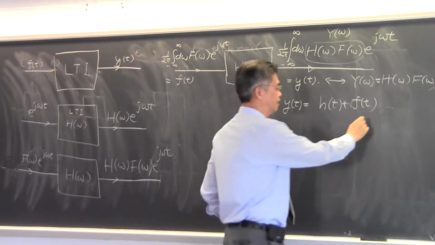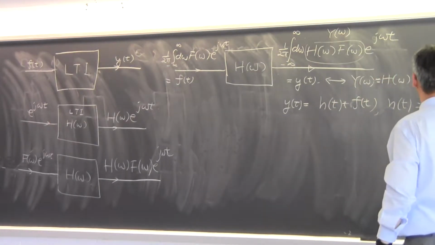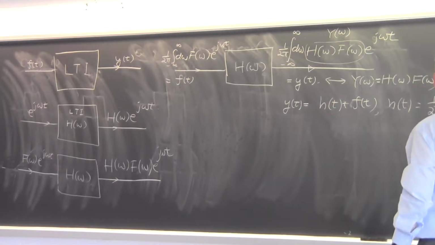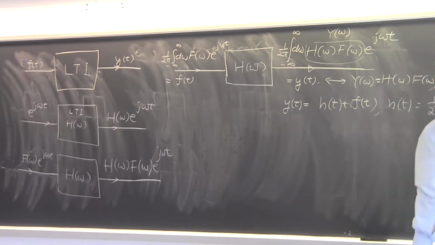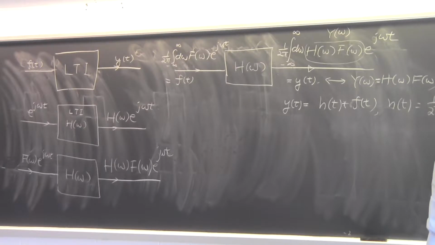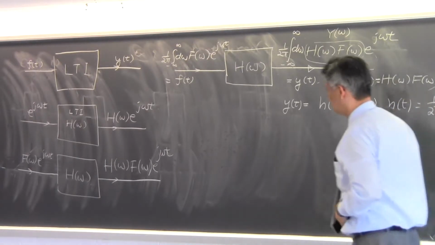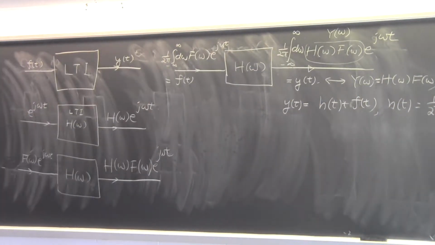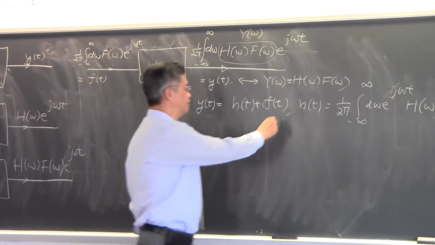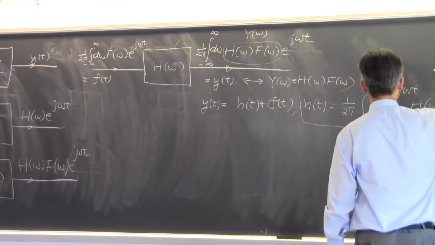H of t in this case is the Fourier inverse transform of this function over here. So you now see the deeper meaning of convolution. Convolution says that if the frequency response of the transfer function is H of omega, it has a corresponding time domain signal, which is defined by this.